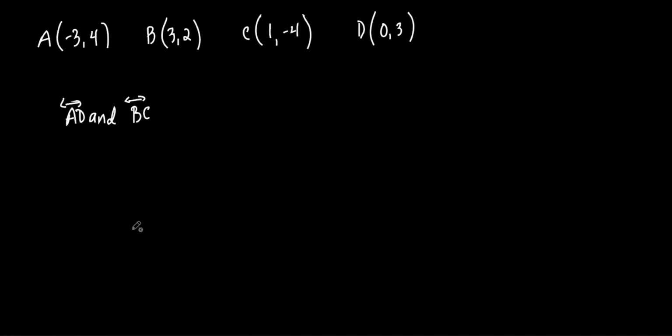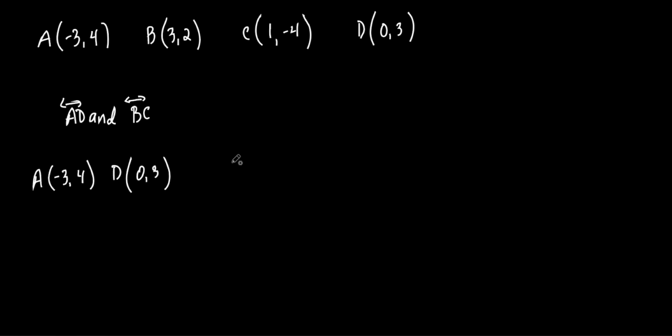But I got line AD. So let's write down AD. A is negative 3, 4. D is 0, 3. I was going to draw it on the graph. That was part of my delay on this, but I think I'm just going to do it like this. Now, how in the world, now this is a line, correct?